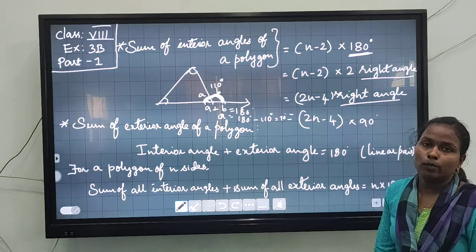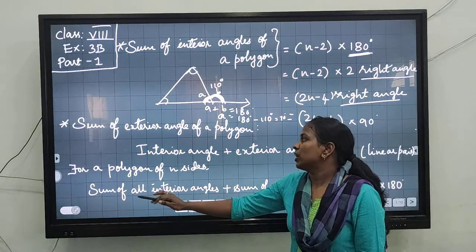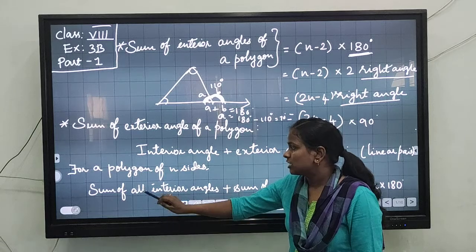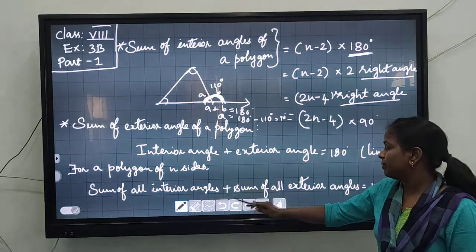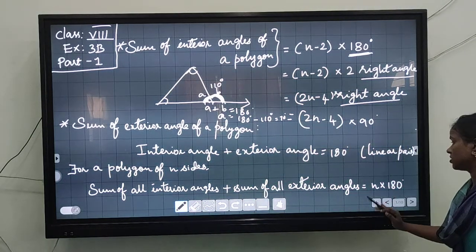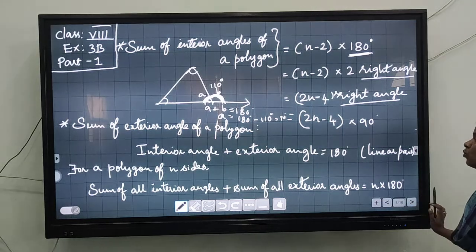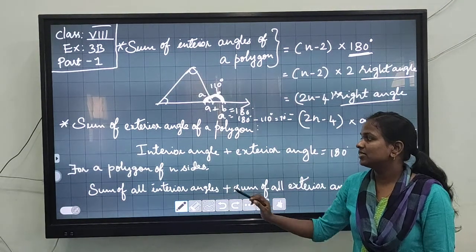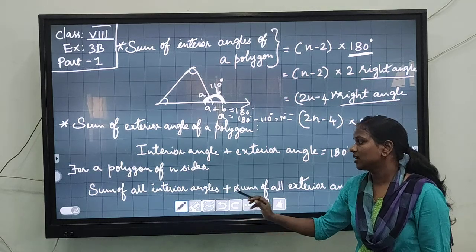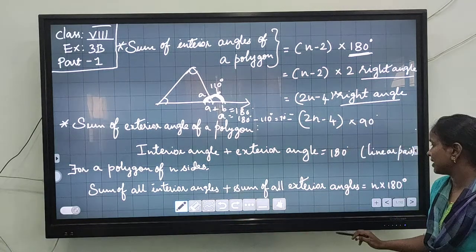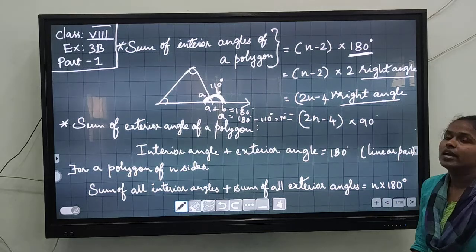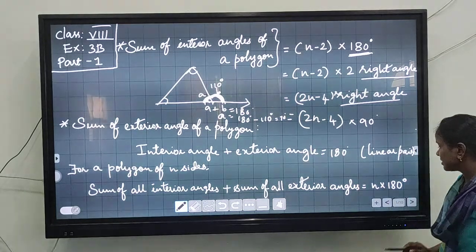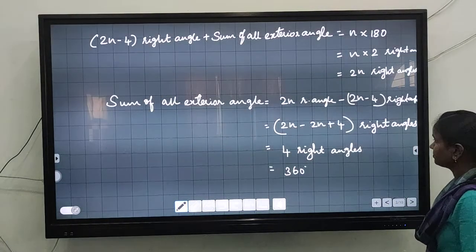For that, there are separate formulas also. For a polygon of n sides, the sum of all interior angles plus the sum of all exterior angles is equal to n multiplied by 180 degrees. If an n-sided polygon is given, the sum of all interior angles plus the sum of all exterior angles equals n multiplied by 180 degrees. This is the formula.